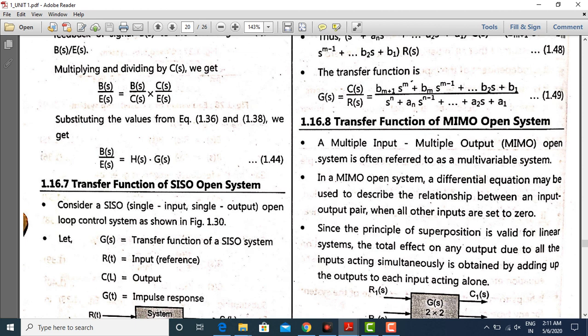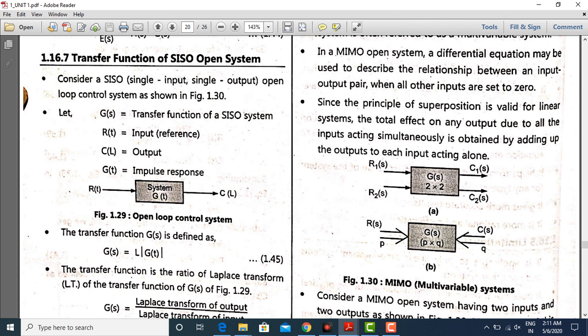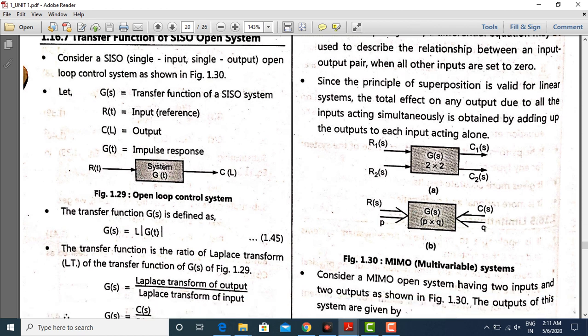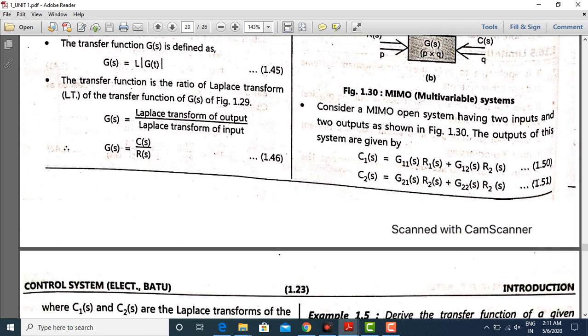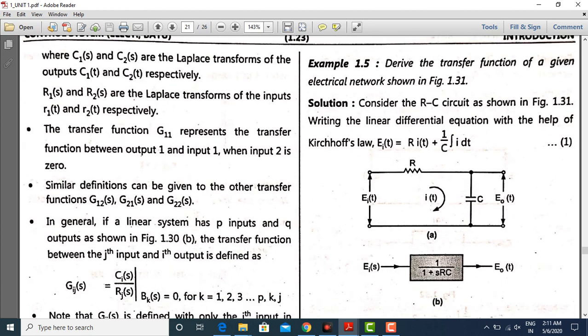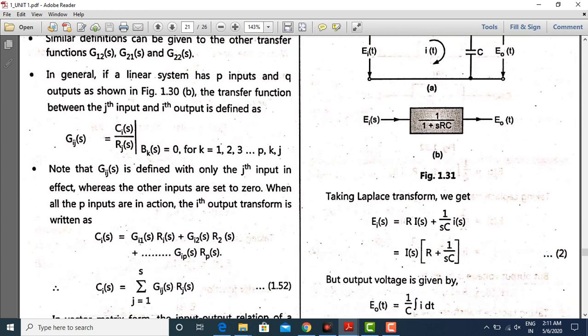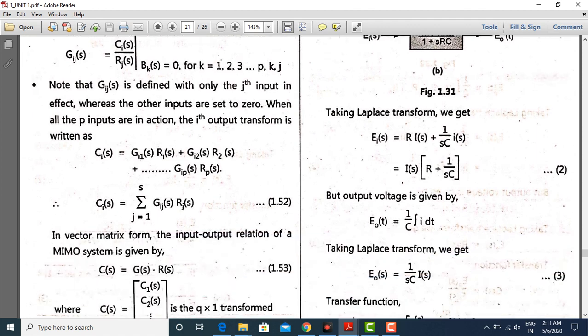Transfer function for the MIMO system, that is multiple input multiple output. Here we can see R1 of S, R2 of S, many inputs, more than one, and C1 of S, C2 of S, many outputs. So we can describe this by this equation. Finally Gij is equal to Ci of S upon Rj of S, provided Bk of S is equal to 0.